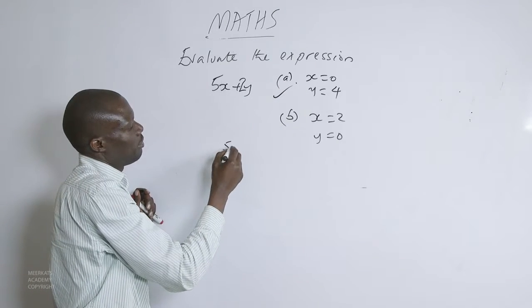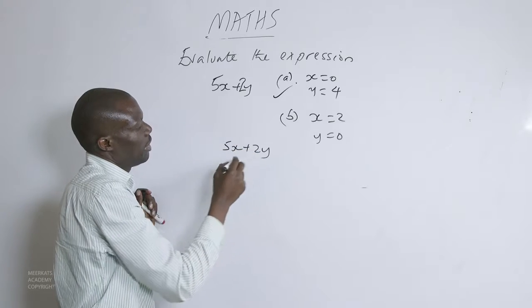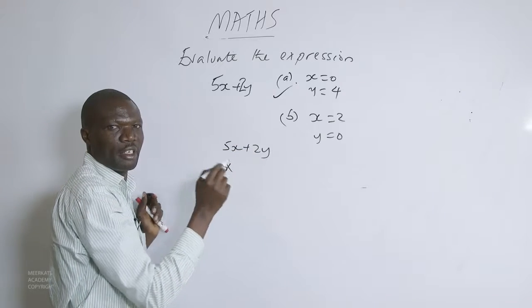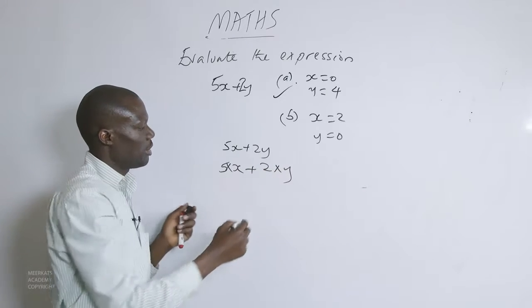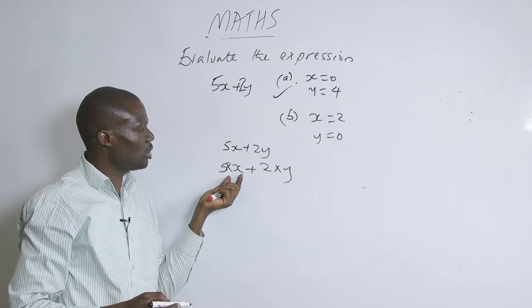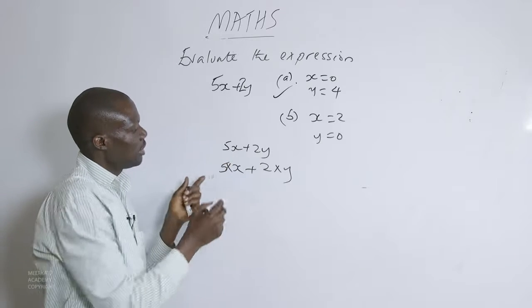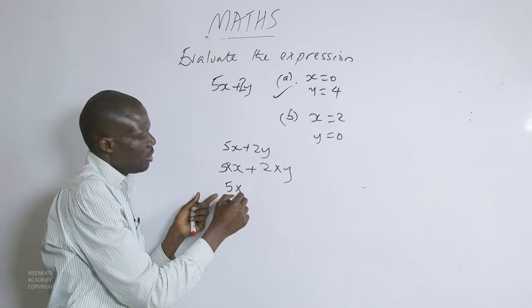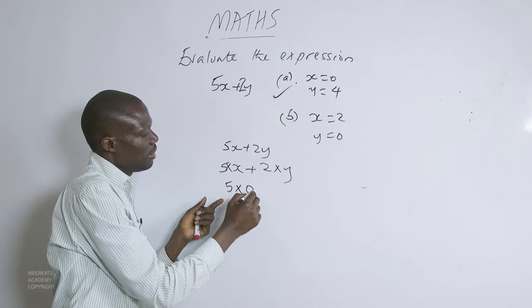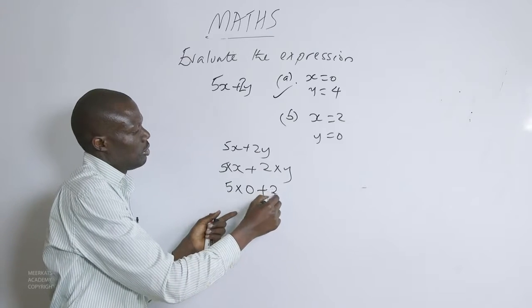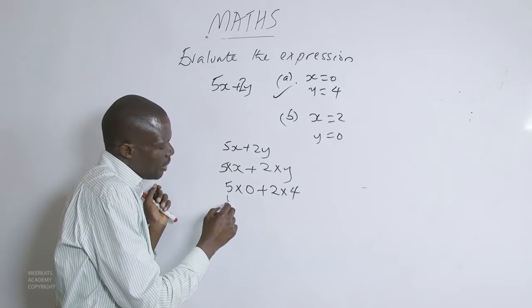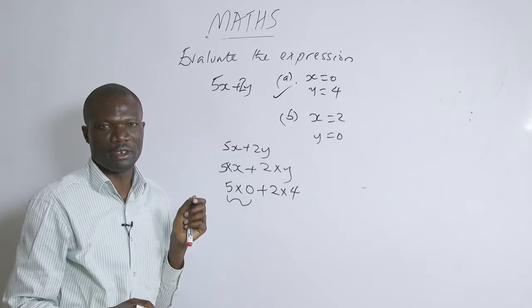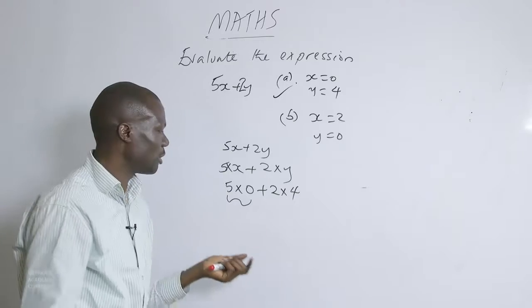If it is 5x plus 2y, which is the same as 5 times x plus 2 times y. Substituting the value of x, this is the same as 5 multiplied by x, and x is 0, plus 2 multiplied by 4. Now, when you look at a number multiplied by 0, it's always 0.